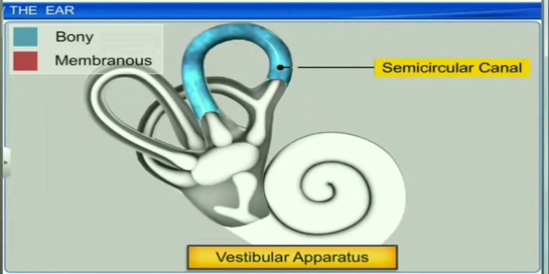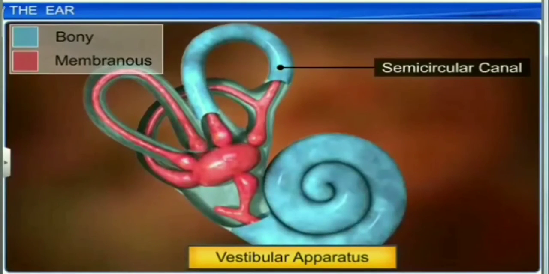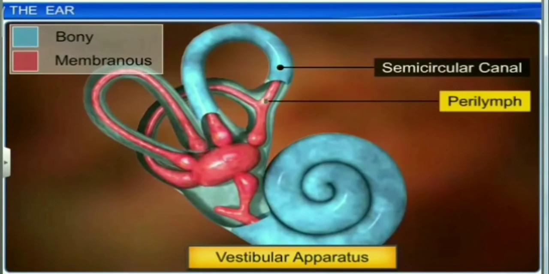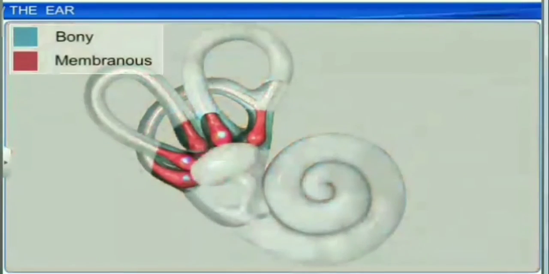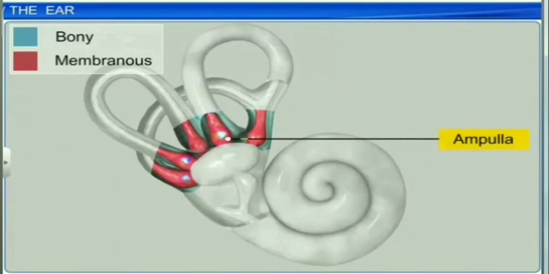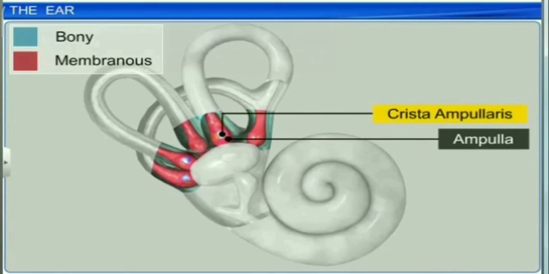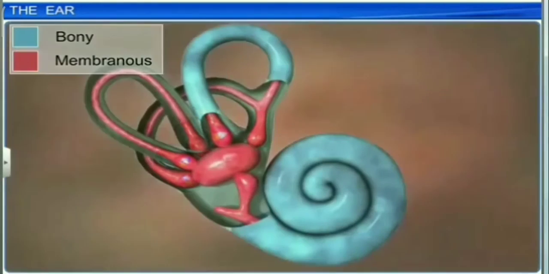These canals are filled with endolymph. The base of each canal has an ampulla, in which there is a sensory spot called crista. The crista helps in maintaining equilibrium.